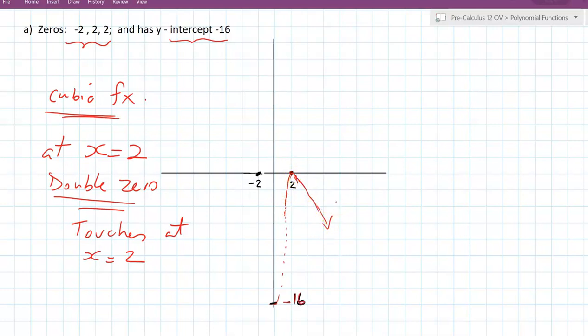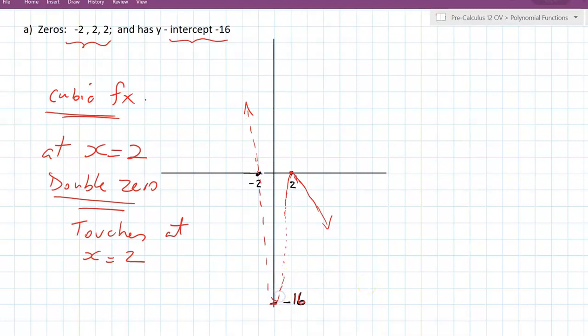We don't know how it's going to bounce off, but it will. And then it goes through -2. So it looks something like that, and it is just a sketch. It doesn't have to be perfect.